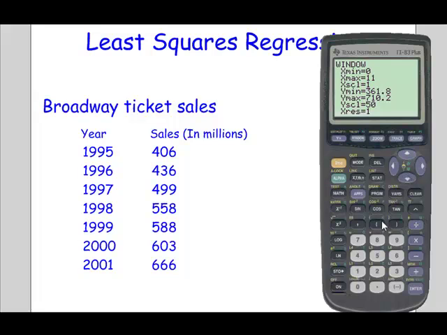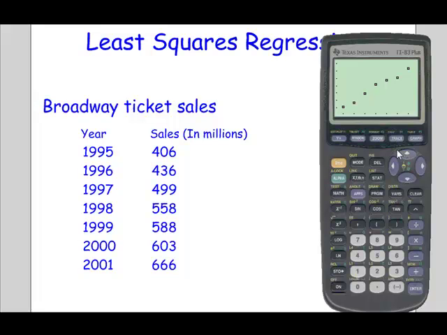Our min I put in 400 because our lowest value is 406, and as a max I put in 700. And for the scale I just put 50 because that makes sense. You want to make it a value where we're going to be able to visualize this. If we put 1, that's going to be 300 bars on the y-axis. It's going to be a little bit confusing. So then we go to zoom stat, hit enter.